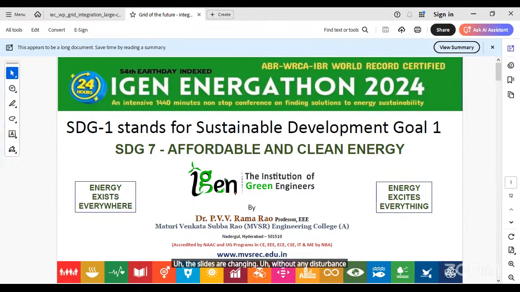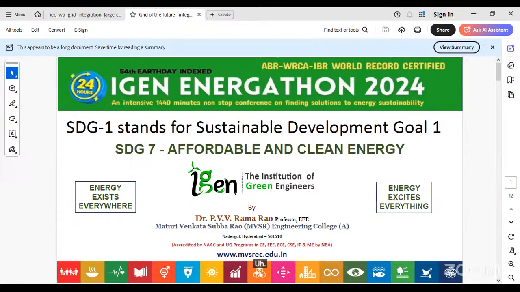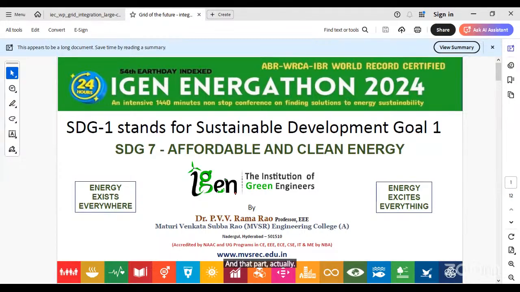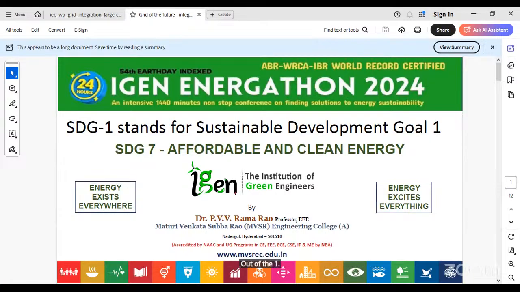And these are the initiatives and partnerships. Of course, it is also reported in UNDP, for small island developing states and developing countries and small countries like that. We are seeing that nearly 600 million people in sub-Saharan Africa live without access to electricity, 600 million out of the 1.18 billion people in the entire globe.